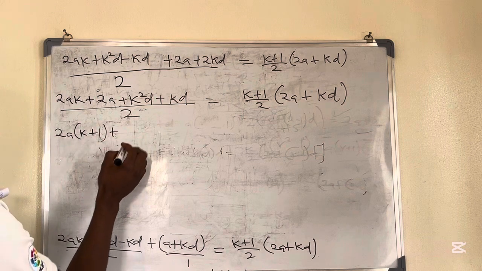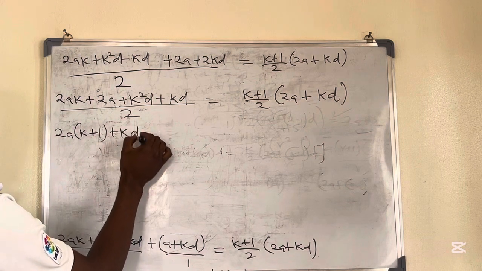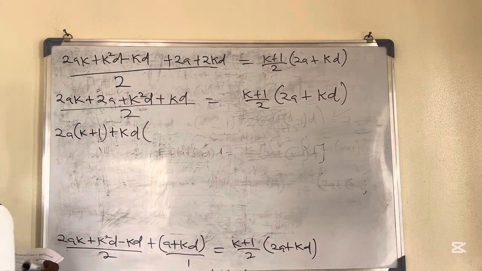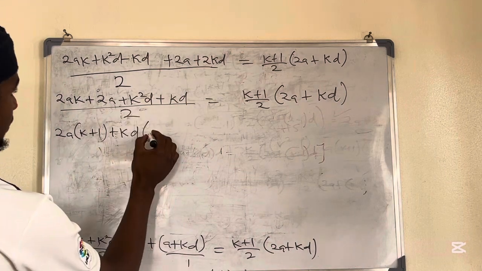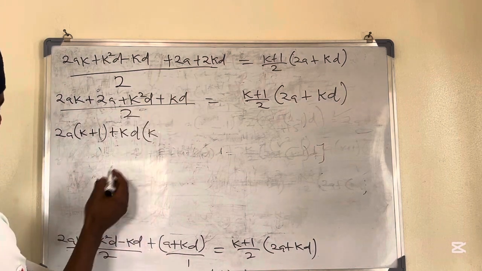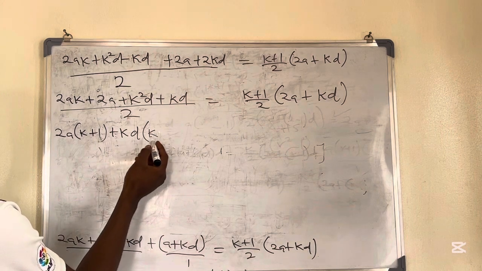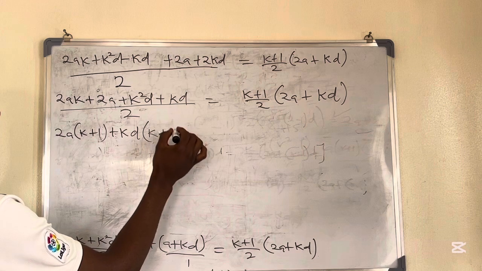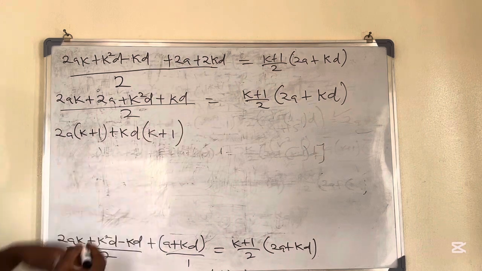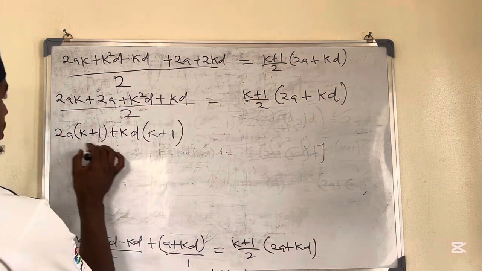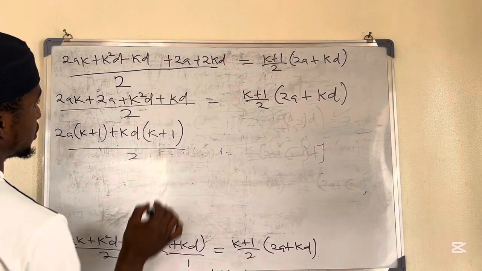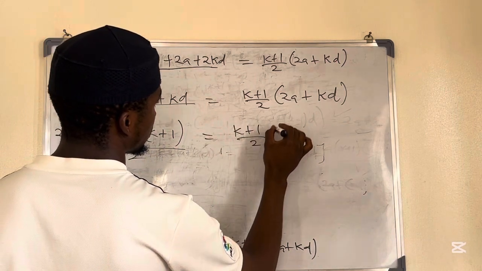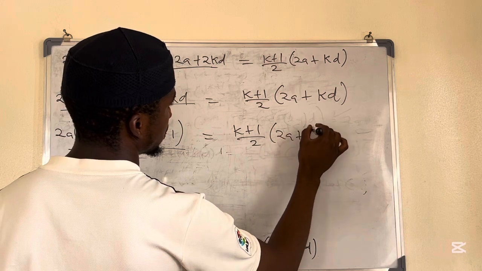Then plus, we factor out kd, and here we will be left with k. kd multiplied by k, we have k squared d, then plus kd, we have 1 here. kd multiplied by 1, we have kd all over 2, which is equal to k plus 1 over 2 into 2a plus kd.